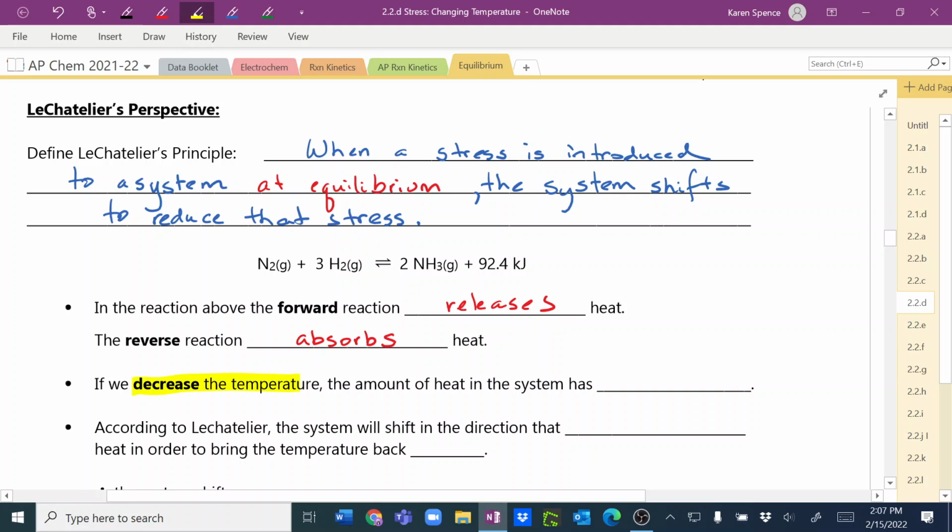The amount of heat in the system has decreased. So according to Le Chatelier, the system will then shift in the direction that, now are we going to want to release heat or absorb heat?